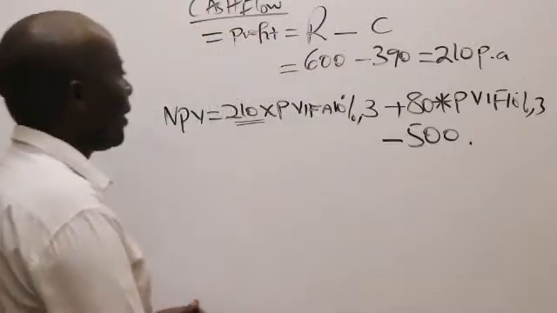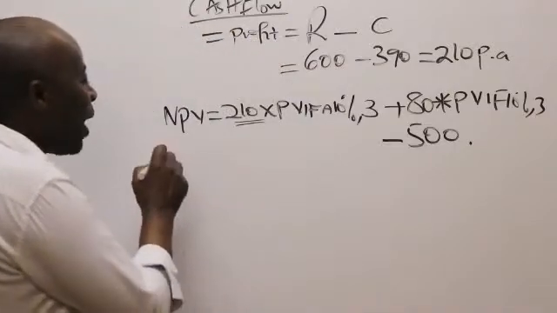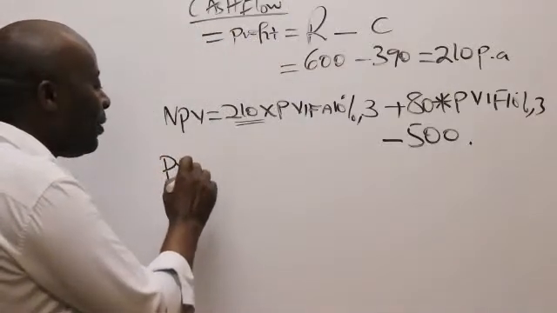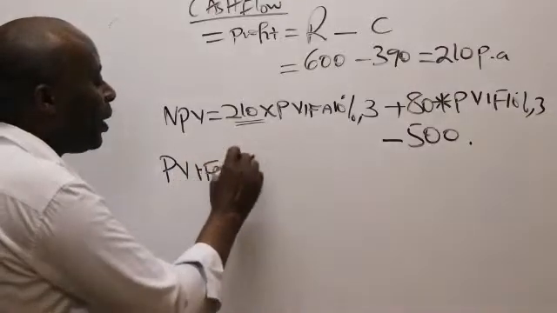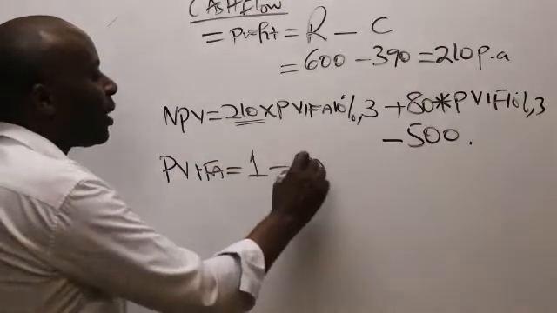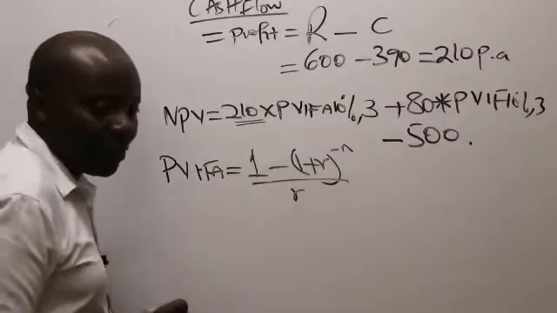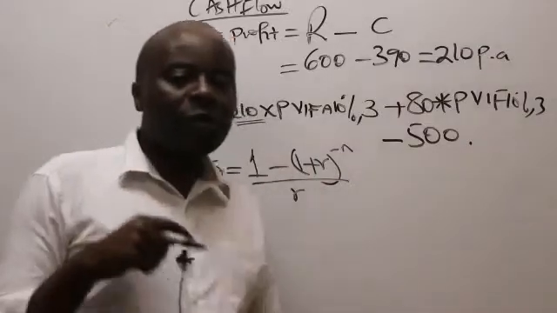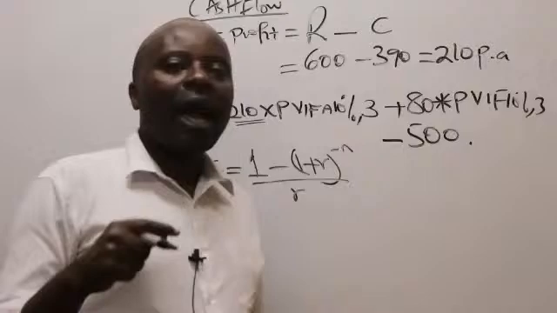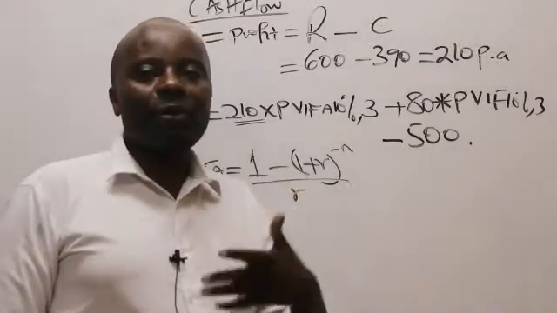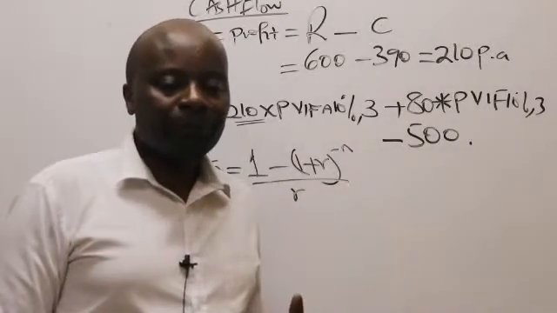Sorry, one minute. What the brother is telling me is that, Mwalimu, I know that to get PVFA there is a formula which says 1 minus (1 plus R) raised to negative N, all over R. And as you shall see, I will never rely on the tables that the examiner gives us.